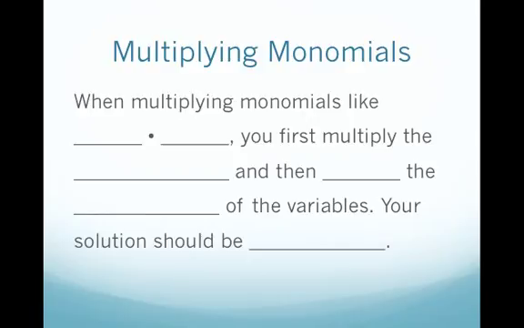Your solution should be blank. So the 4th and 5th blanks should be 2 words that will help you complete it, and then the 6th blank should be the solution to your answer. So again, the first 2 blanks should be your problem, the 3rd, 4th, and 5th should be words, and then the last one should be the solution to your answer.